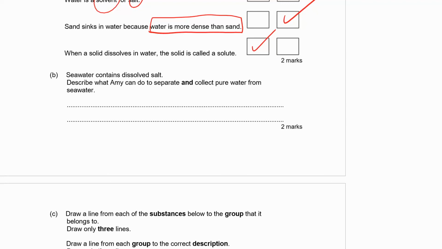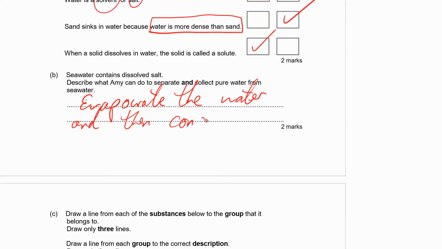Describe what Amy can do to separate and collect pure water from seawater. So she can evaporate the water and then condense the water vapor.